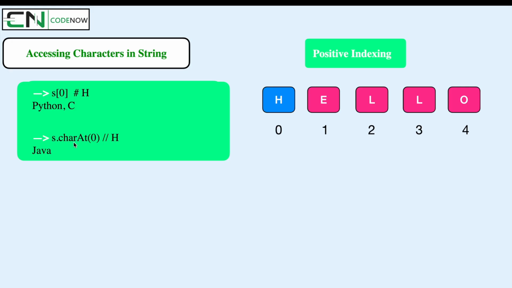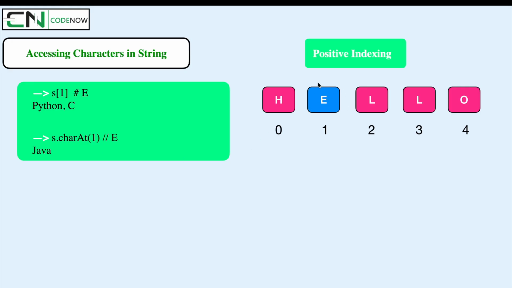What exactly is the charAt function? The name itself suggests: character at this particular index. So charAt with index 0, s.charAt(0), will return the character stored at that particular index, which is H. Now, moving to the next.